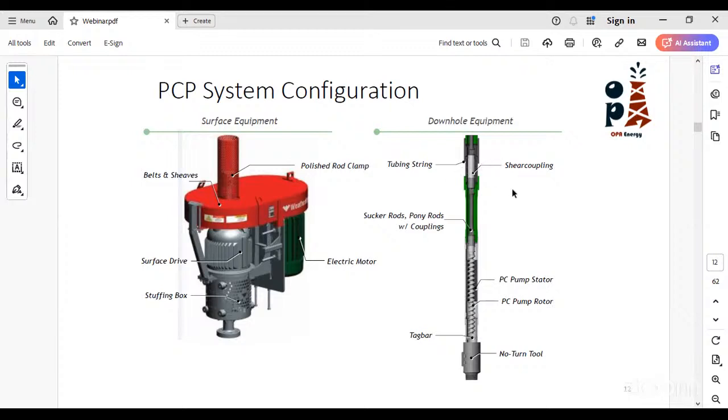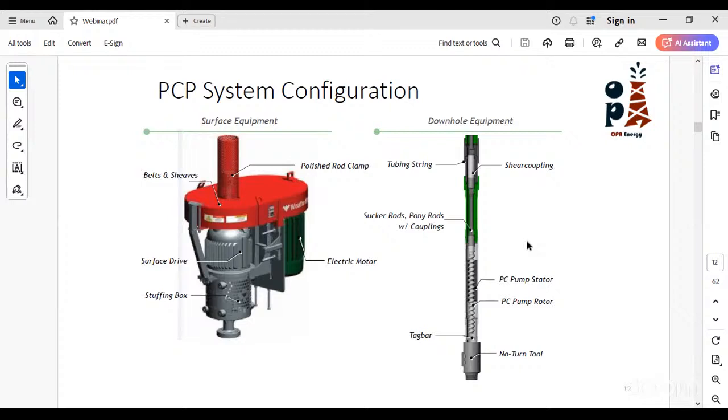The shear coupling is used if, for any reason, the pump gets stuck. We can release our string from this shear coupling, depending on shear pins that we have, designed with a pre-designed torque or even tension to release our system from this downhole pump.